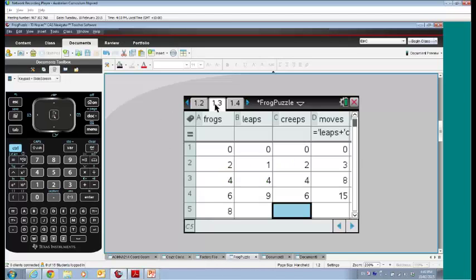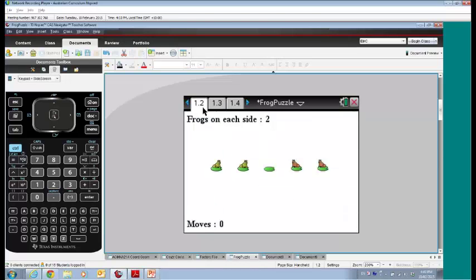Let's see how we went on our prediction. 2 frogs on each side, 4 frogs, 8 moves. Let's go back. That's 8 moves, but think about the number of spaces involved. With 8 moves, some of those moves take up 2 spaces at a time. So when we leap, this character is actually moving over 2 spaces at a time.